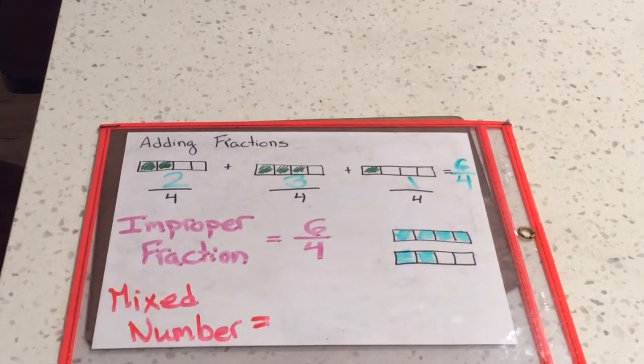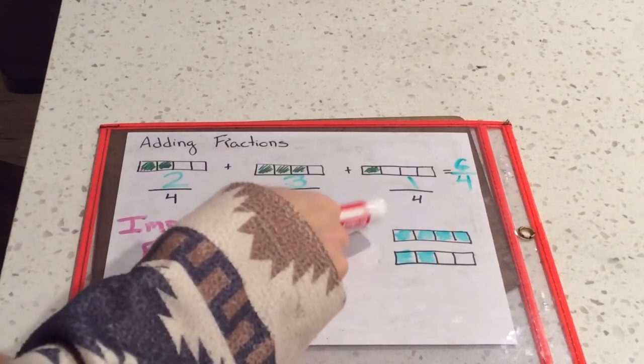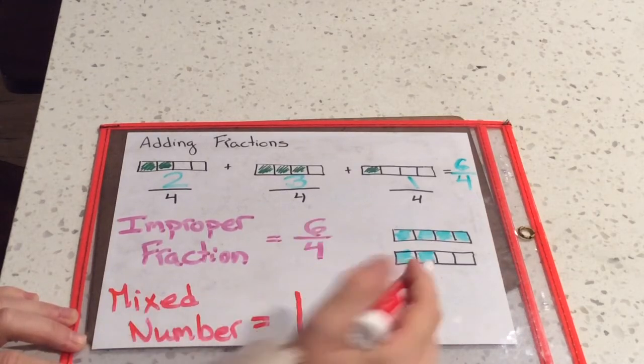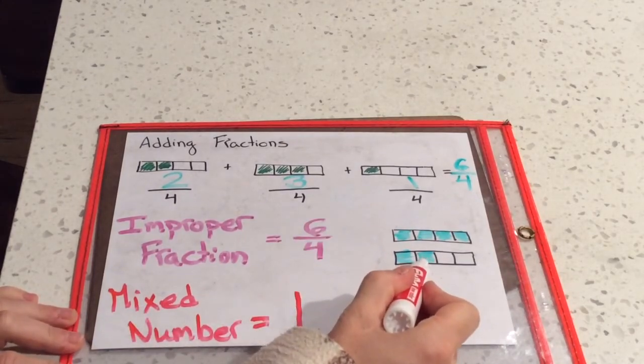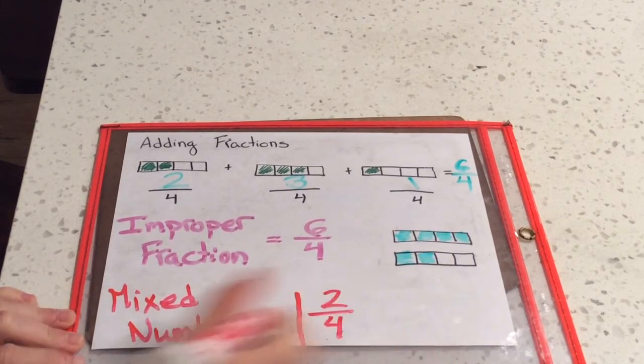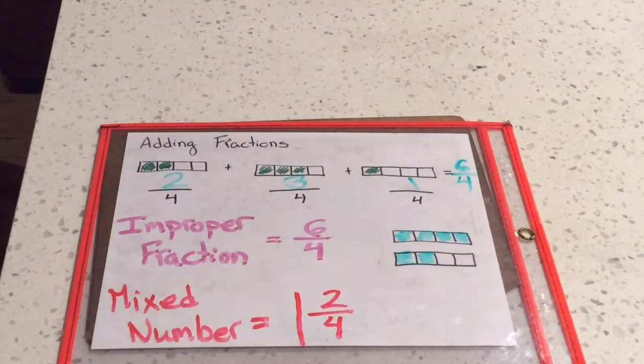And that's when we have a whole number and a fraction. So here in this model, I have one whole that is filled in, but I also have a fraction shaded in. I have 2/4. 6/4 is the same as 1 2/4.